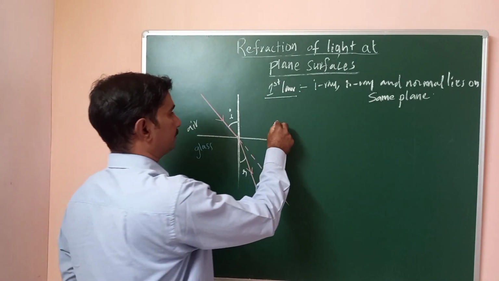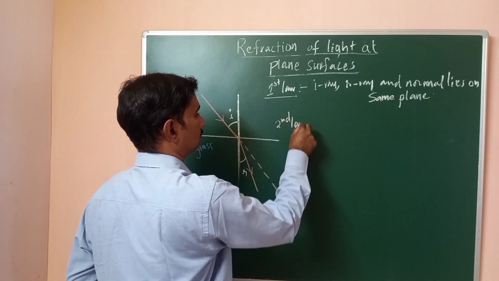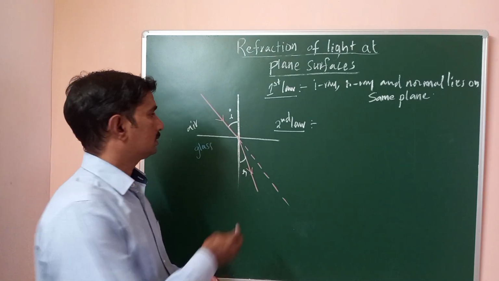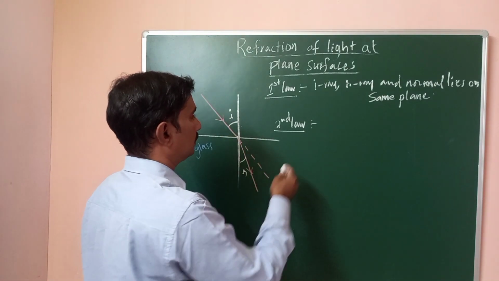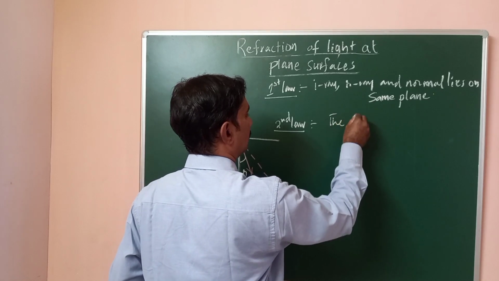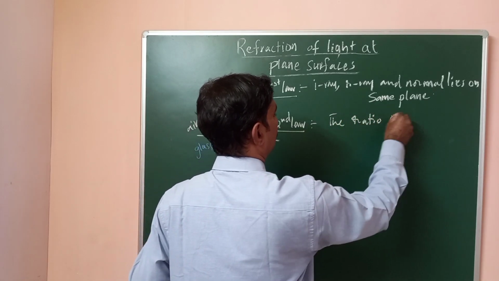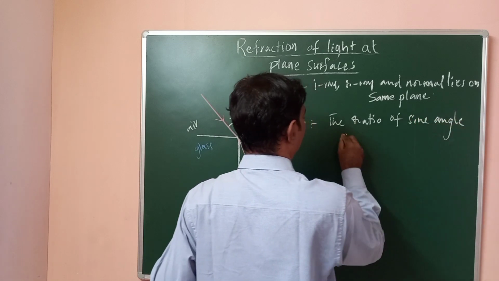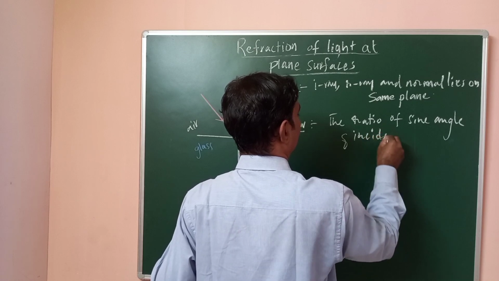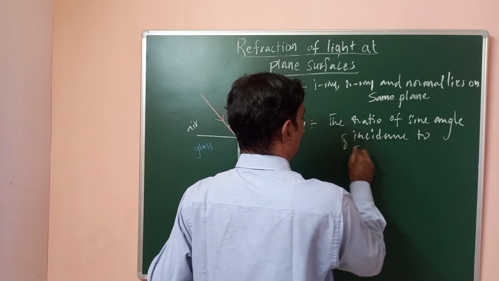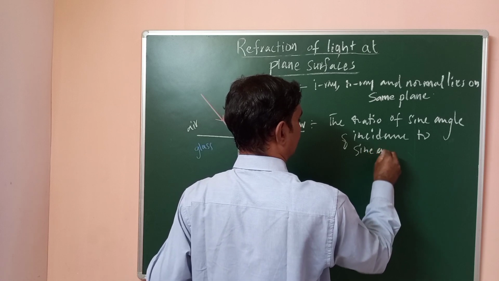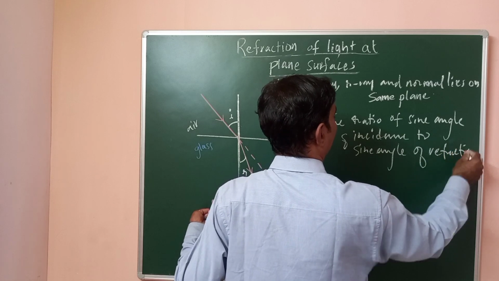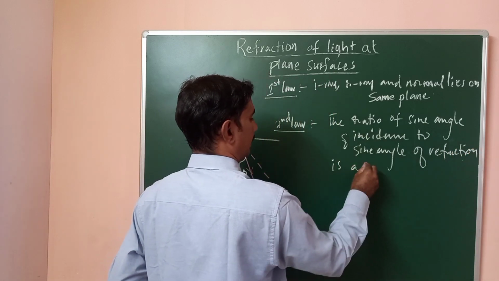The second law is: the ratio of sine of angle of incidence to sine of angle of refraction is a constant.